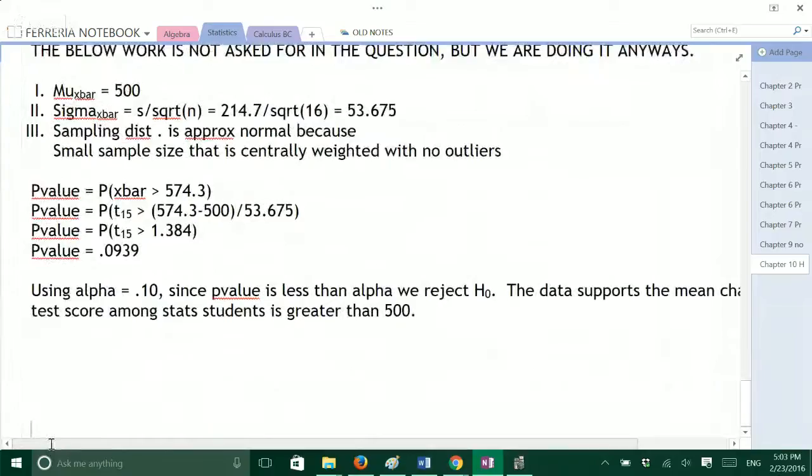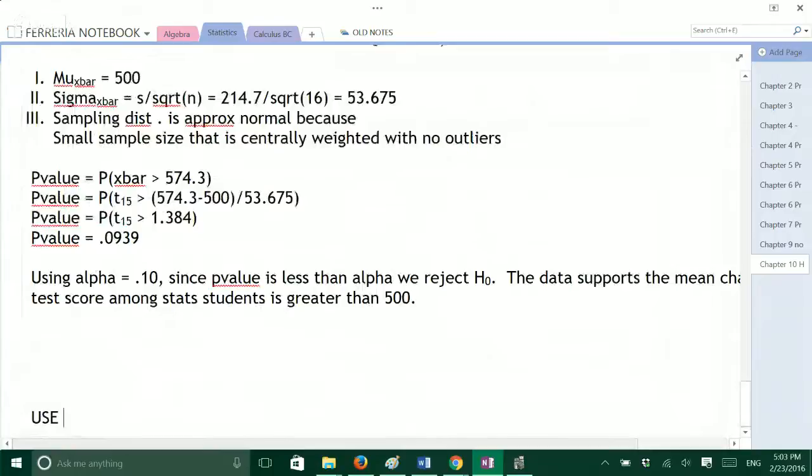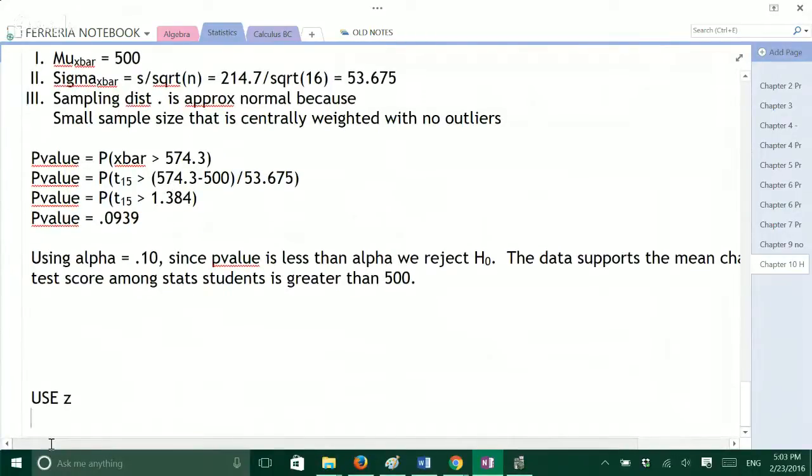Okay, so use z if the population characteristic is a proportion.